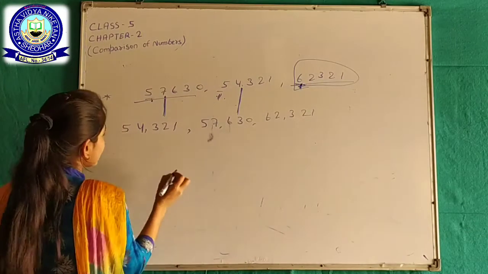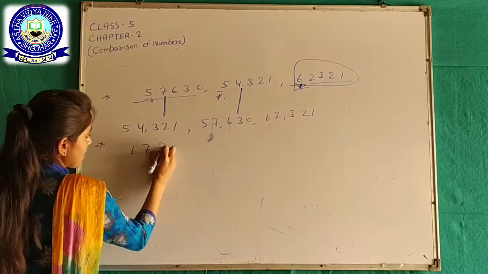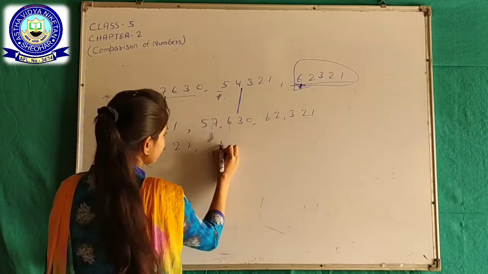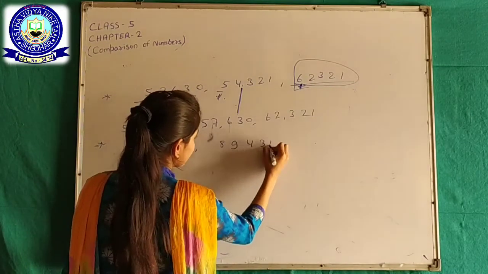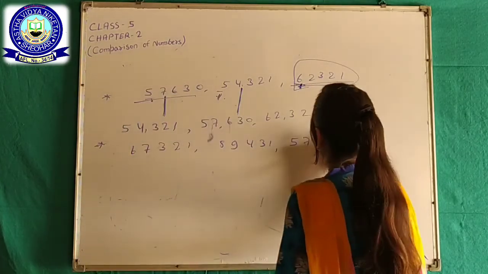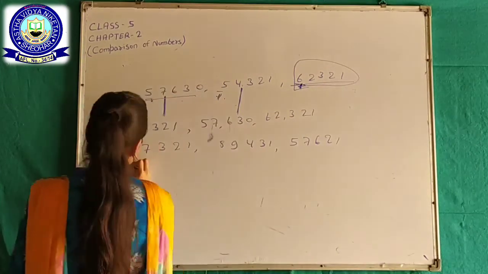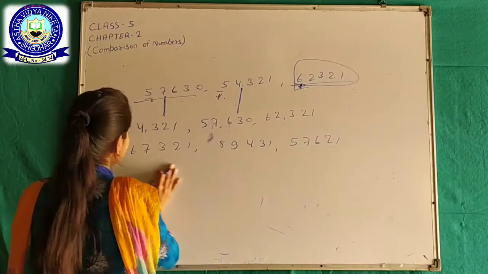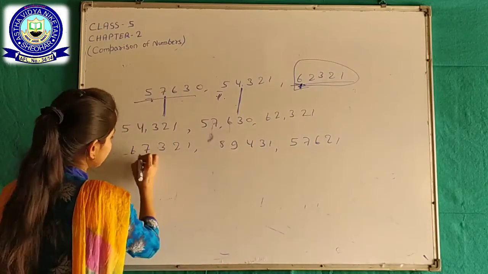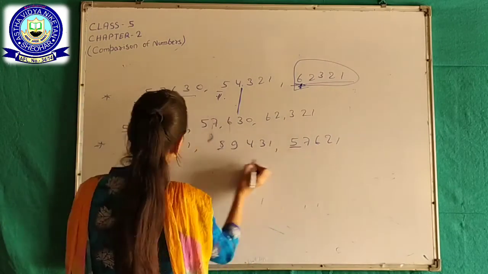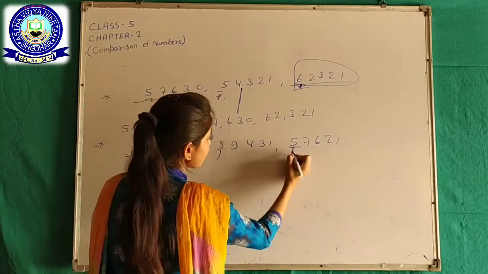Let's see with another example. We have to write it in ascending order. You have to compare the first digit of the numbers. Here is 6, here is 8 and here is 5.